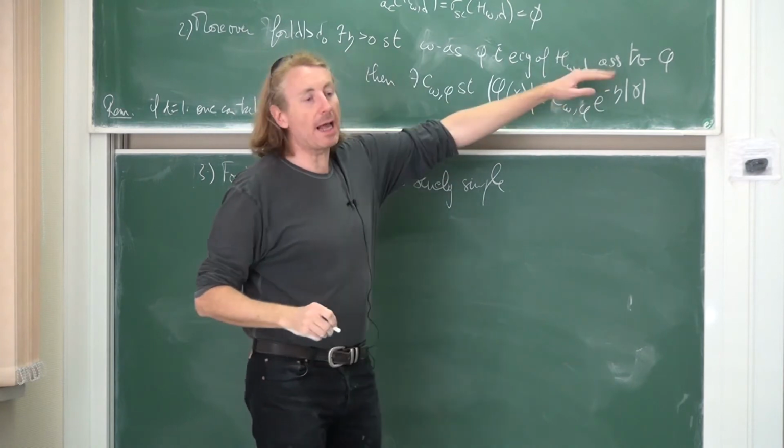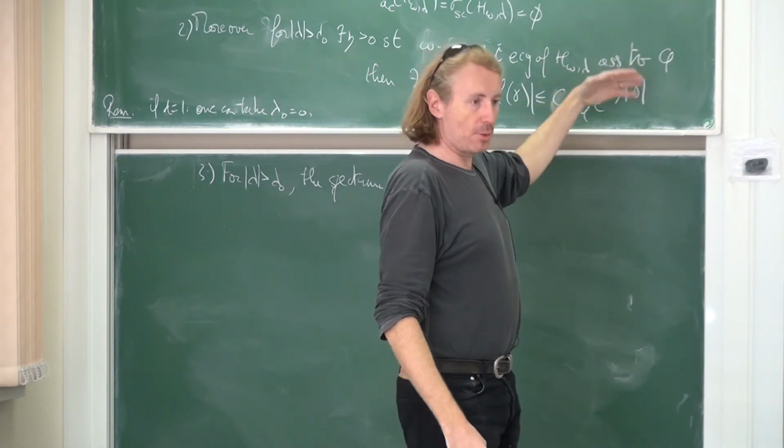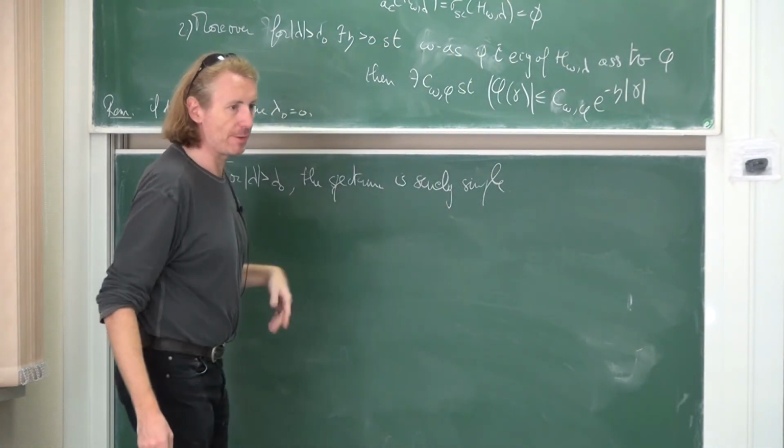So actually there is a single eigenvector. I mean, there's a subspace of dimension 1 associated to a given eigenvalue. Maybe I'll write the proof of this one too if we have time.